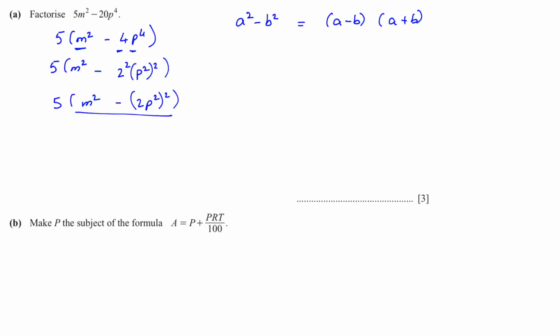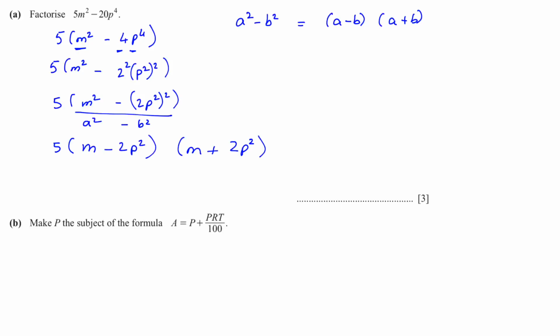Now this is like your a square minus b square. Therefore, we can use the rule and write m minus 2p square and m plus 2p square. So that we have factorized it.